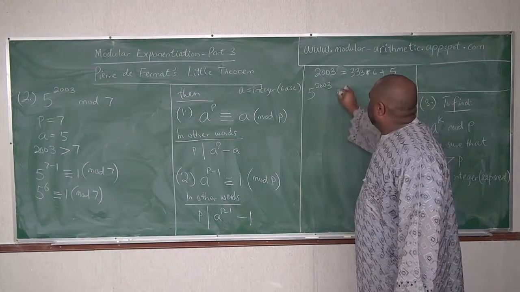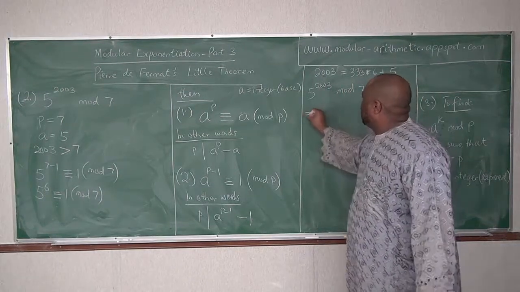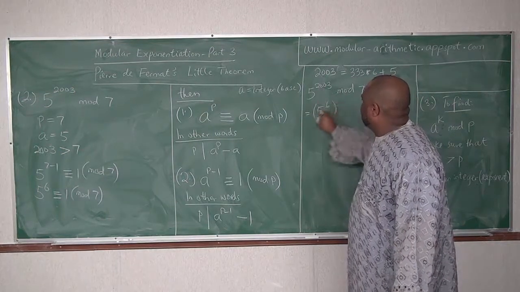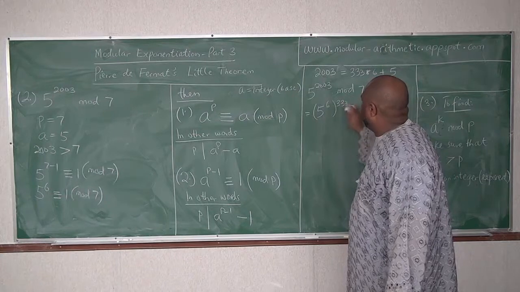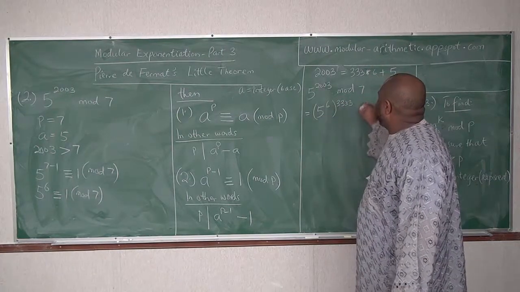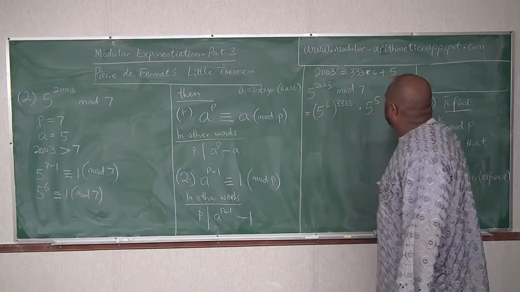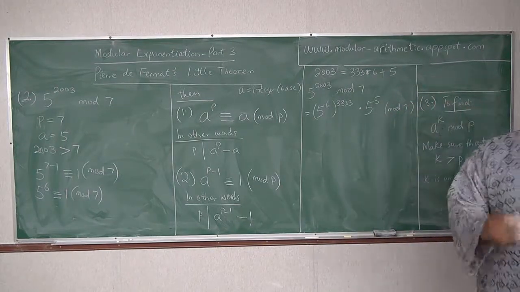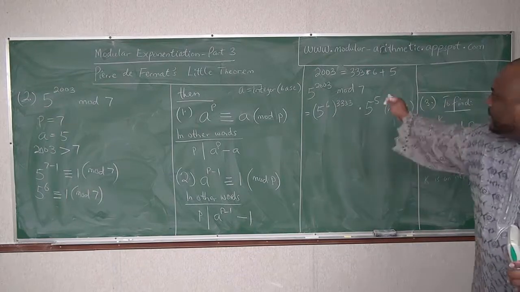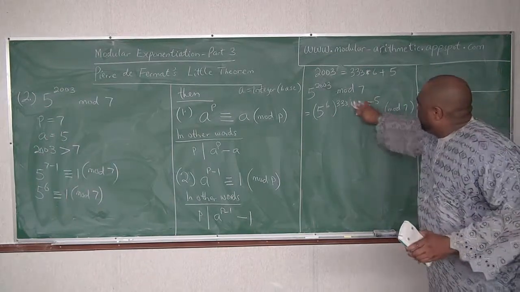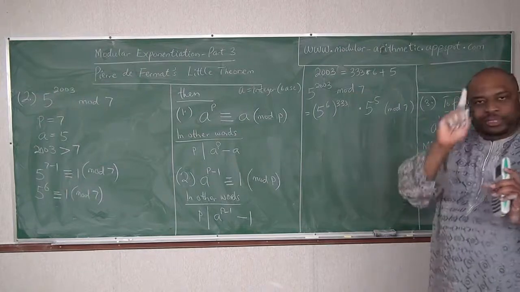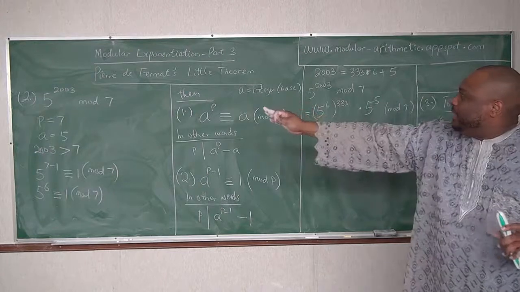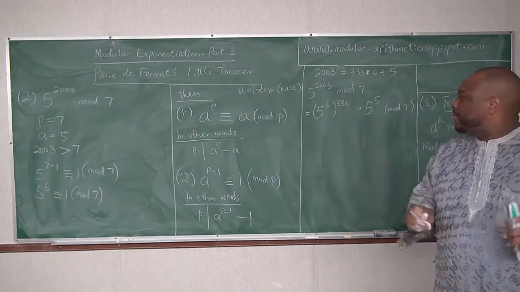So we now see that 5 exponent 2003 in mod 7 will give us 5 exponent 6, 333 times, times 5 exponent 5, all in mod 7. Because that is what I need, 5 exponent 6 will give me 1. That was actually why I divided 2003 by 6.